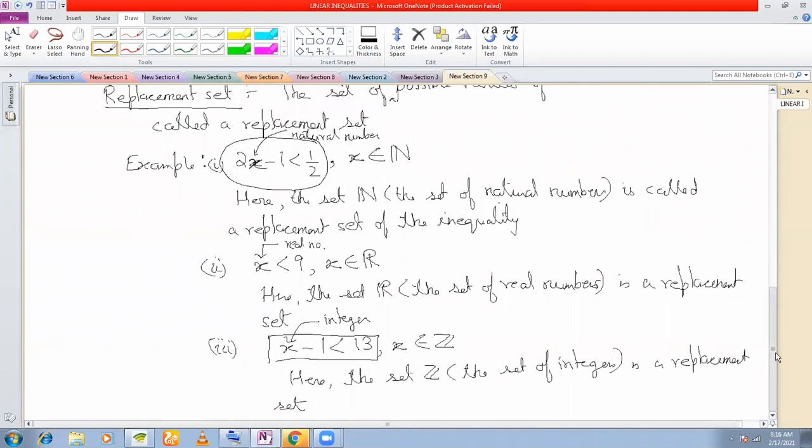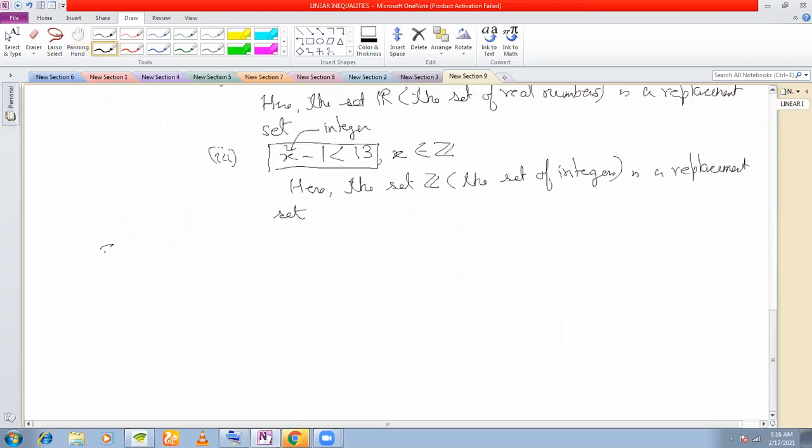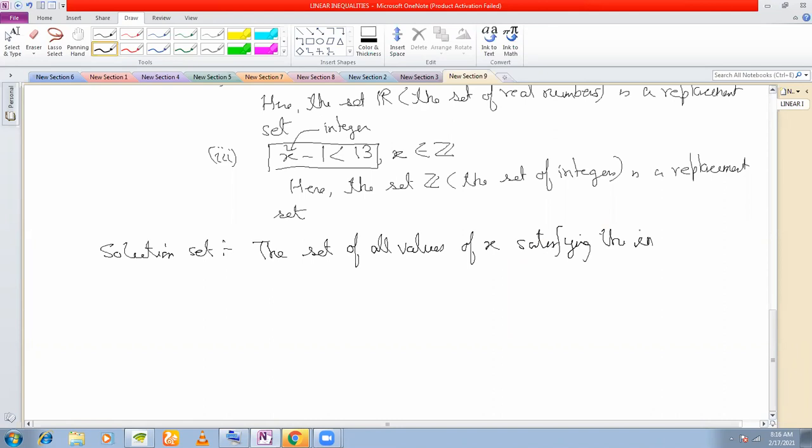Before going to the illustration, let us understand what a solution set is. Solution set, and then I'll give you an example. Solution set: the set of all possible values, the set of all values of x satisfying the inequality is called a solution set.